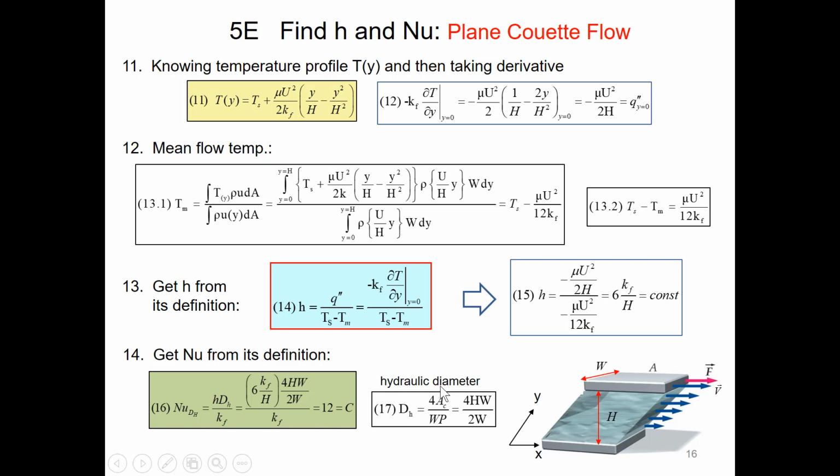The hydraulic diameter is defined as four times cross-section area, h times w, divided by wetted perimeter, which is 2w, because the side surfaces are not wetted. Then substitute the Dh and h, we get a constant Nusselt number.